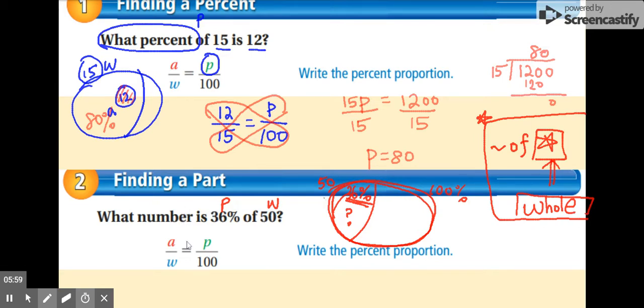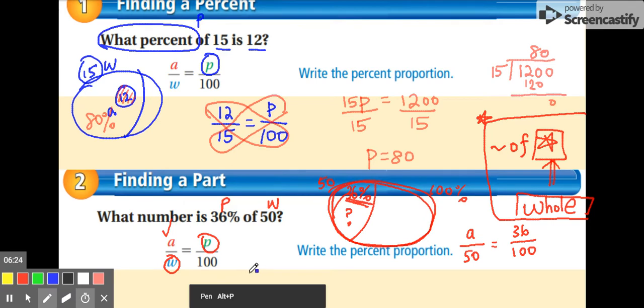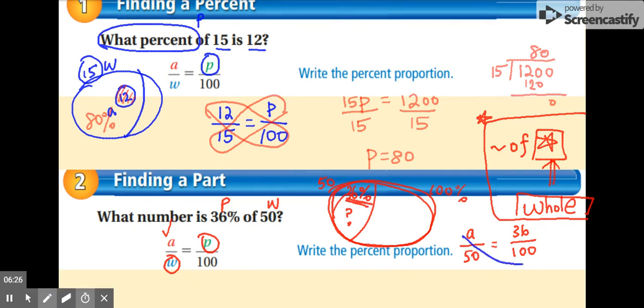So now we have the whole and we have the percent. We're looking for this guy. So let me just rewrite it. A over the whole 50, because I don't know what A is, equals 36 out of 100. And let's just use cross multiplication again. So I'm going to multiply A times 100, which is 100A, is equal to 50 times 36.